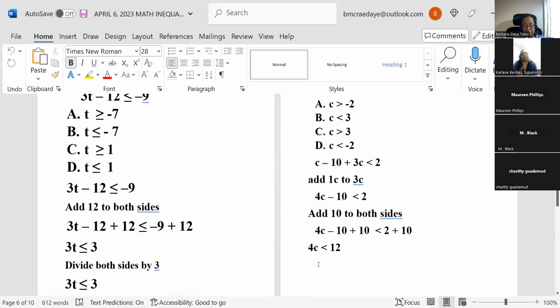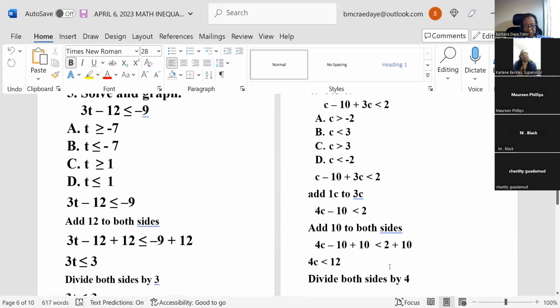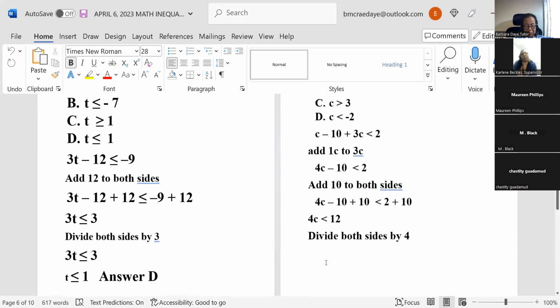My next step is I'm going to divide 4 on both sides. Okay, divide both sides by 4. So what's your answer? Oh, my answer is C is greater than... That's a less than. Is it less than?